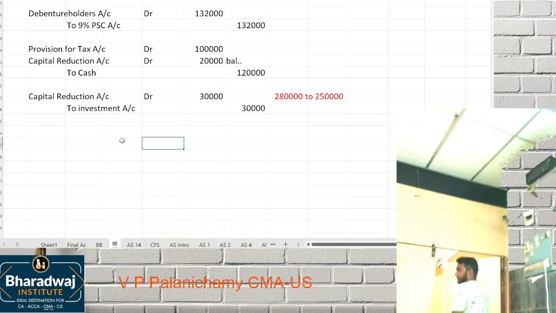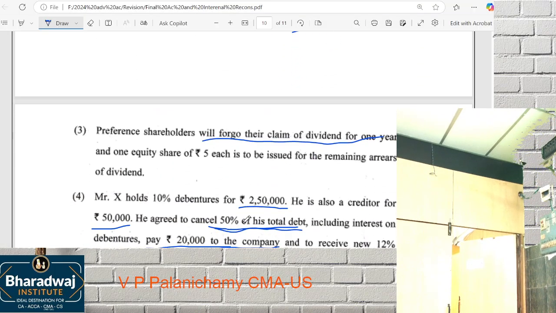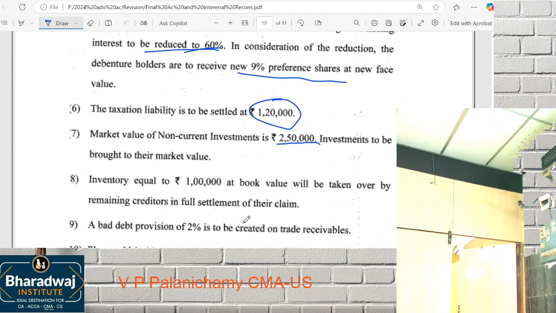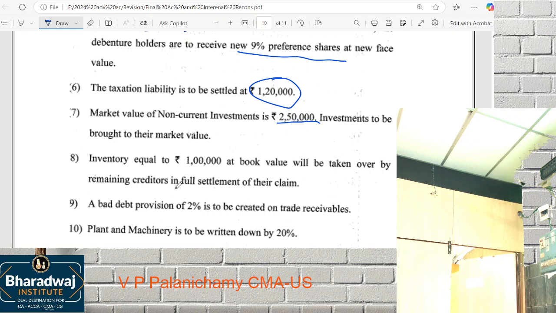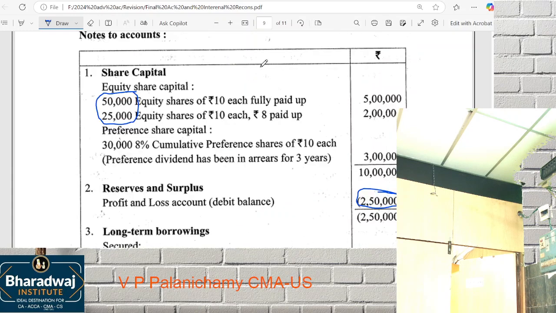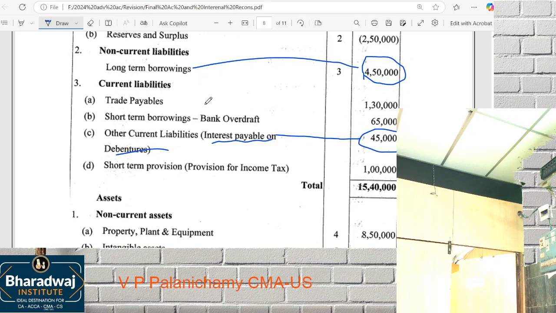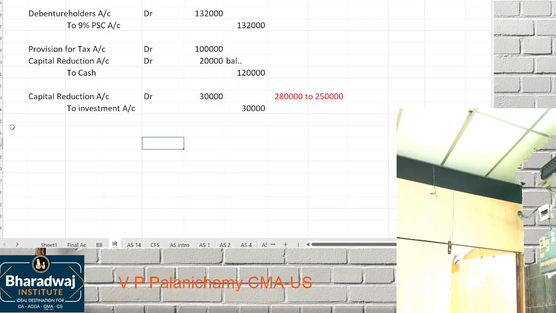What is the next one? Inventory of 1 lakh taken over by creditors in full settlement of their claims. Look at the liability side. What is the creditors account amount? Creditors amount is 1,30,000. But what is the inventory in the balance sheet?